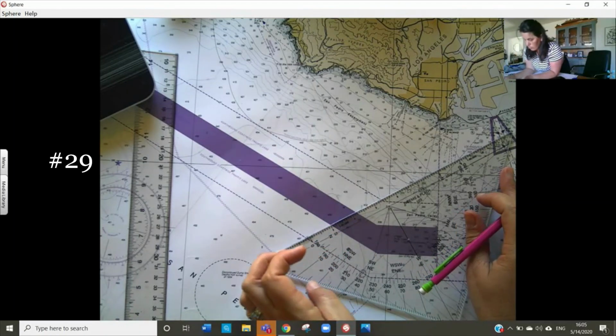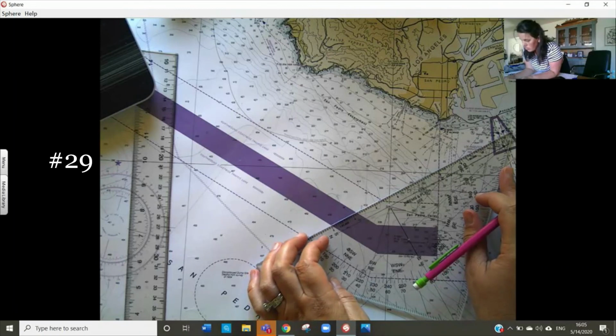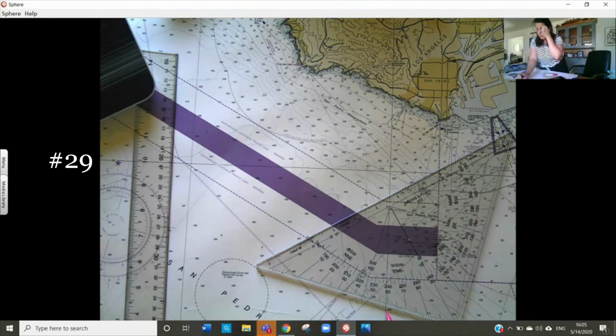And I have a true course. Oops, moved it. There we go. Just shy of 060. So 059 is my true course, but it asks me what it would be in compass course.